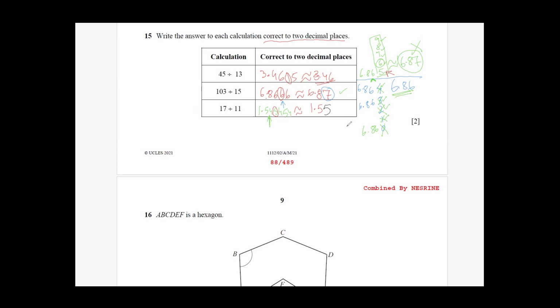So this is a question related to the concept of rounding off numbers. This is how it is to be done. The essence of this question is that you need to concentrate on the number of decimal places, up to which decimal place you need to round off. You need to consider the next decimal place. If that digit is 4 or lesser, this digit is going to be retained.